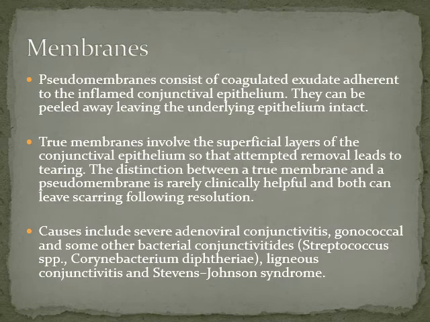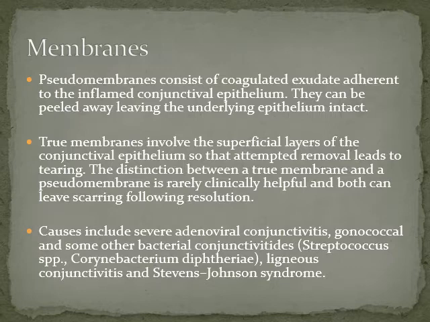Now, other signs you can see in the conjunctiva is formation of membranes. Membranes can be pseudomembranes or true membranes. Pseudomembranes consist of coagulated exudate adherent to the inflamed conjunctival epithelium, and when it is peeled away, the underlying epithelium is left intact, while the true membrane involves the superficial layers of the conjunctival epithelium, so that when you attempt to remove it, it leads to tearing.